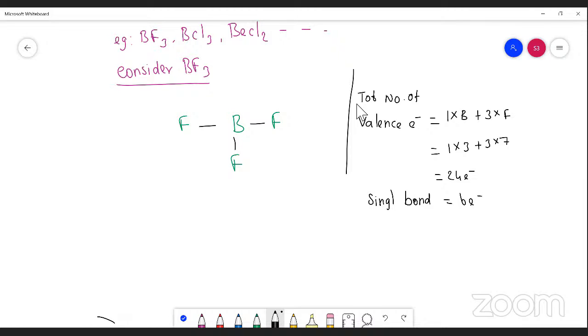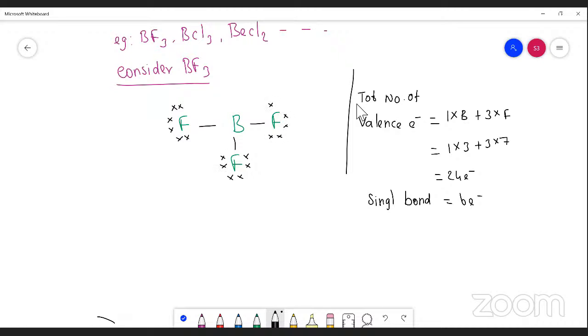Fluorine is the most electronegative atom, so these 18 electrons go to the fluorines: 6 electrons on each fluorine.